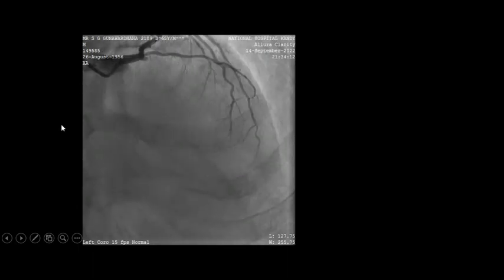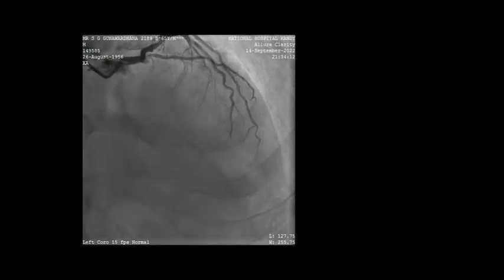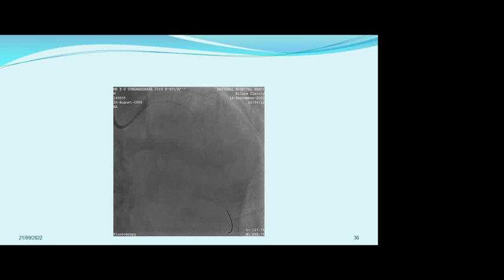So this is our patient, Mr. G. Angiogram showed that the anterior descending artery is totally occluded from this point. So what did we do?